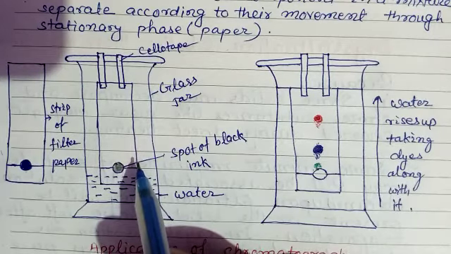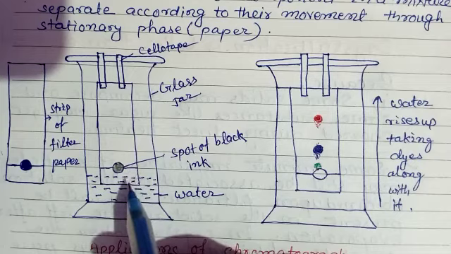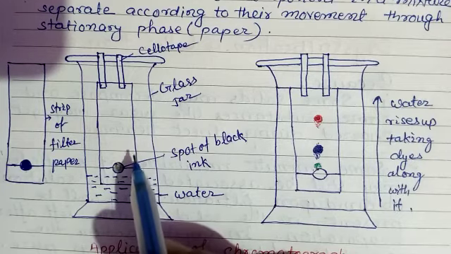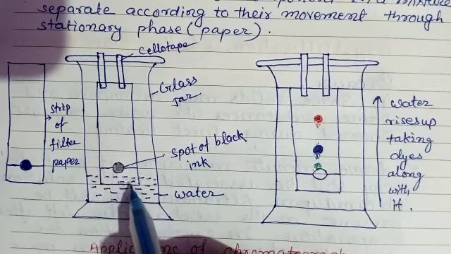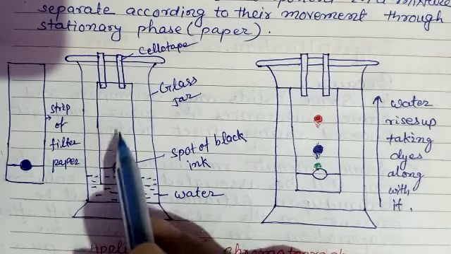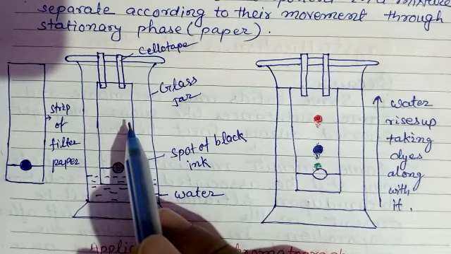Why is that? It is because of capillary action. In the same way here also this paper will get wet because of capillary action, due to which the water will move in the upward direction.